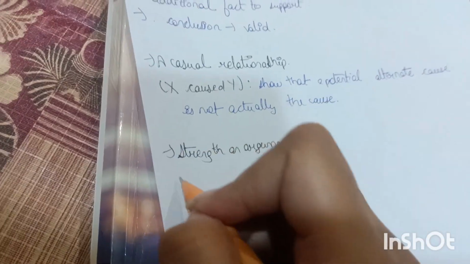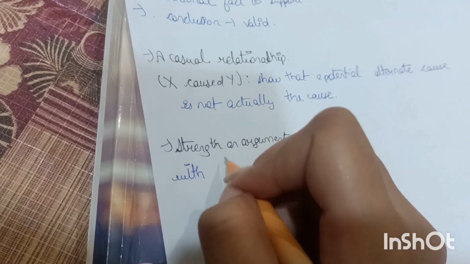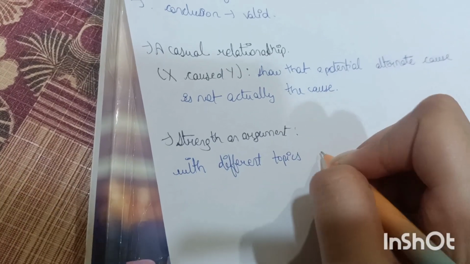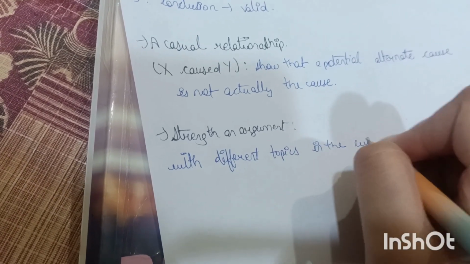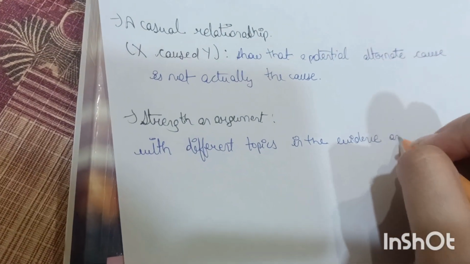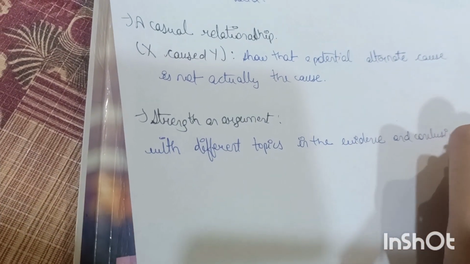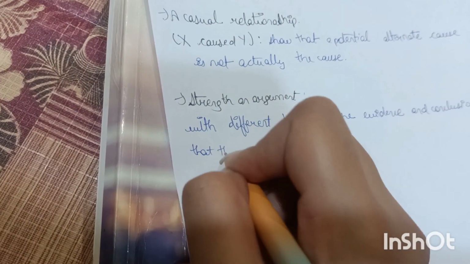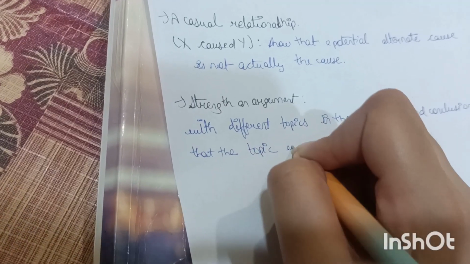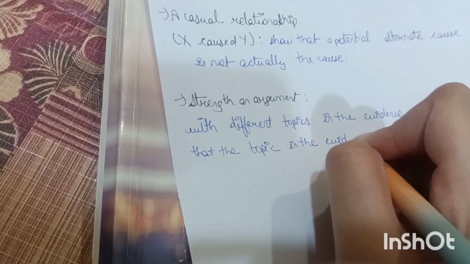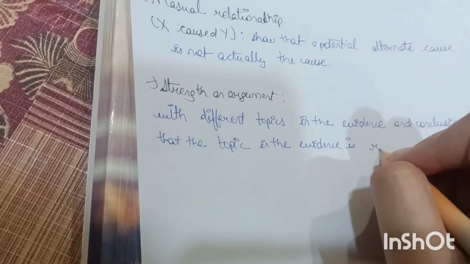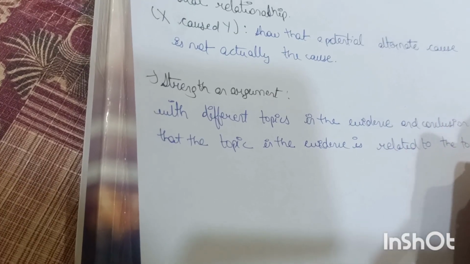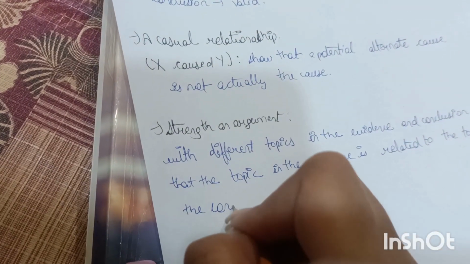Write it as: with different topics in the evidence and conclusion, show that the topic in the evidence is related to the topic in the conclusion.